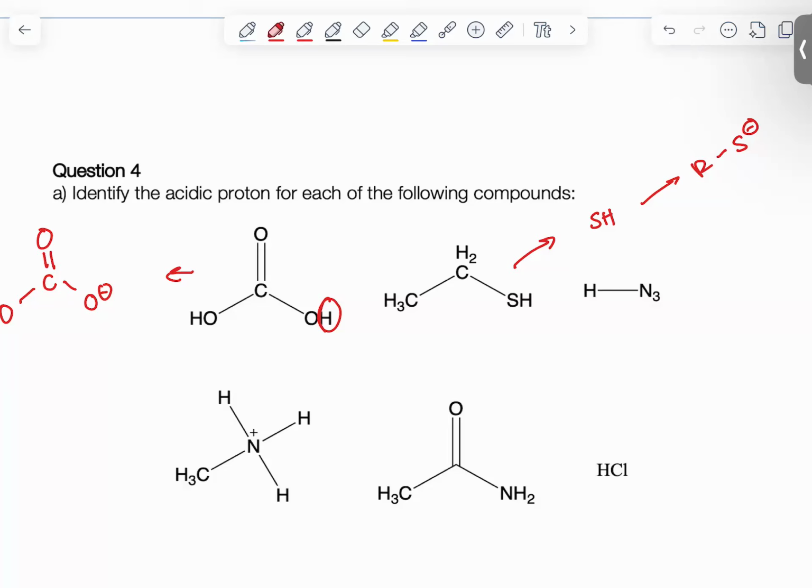Alkyne is a triple bonded carbon. Alkene is a double bonded carbon. They have different acidities, but these are both carbon hydrogen molecules. So your first instinct with acidic protons should be heteroatoms, but that's not always necessarily the case.